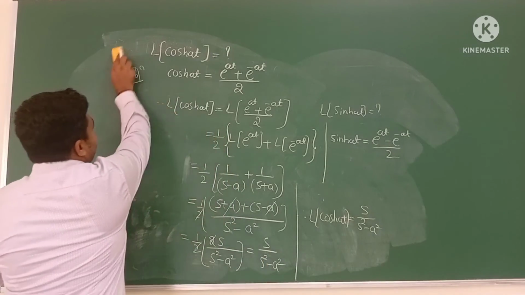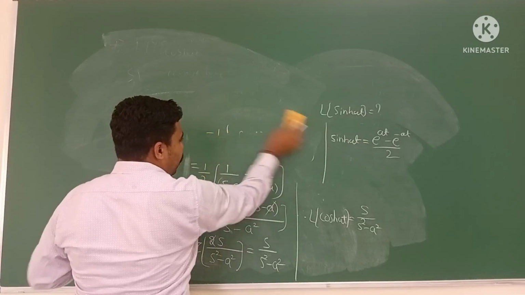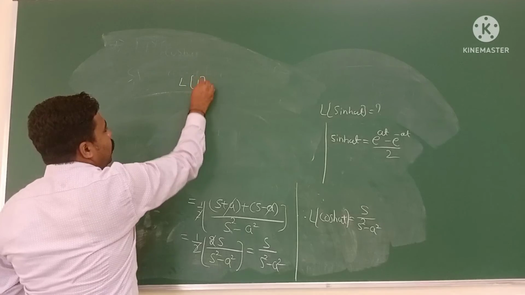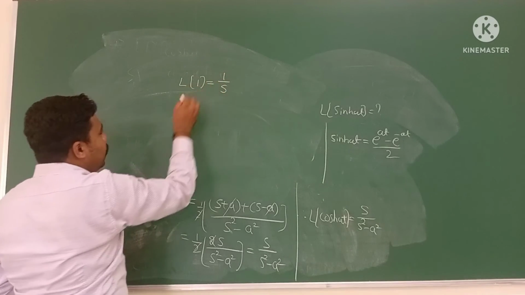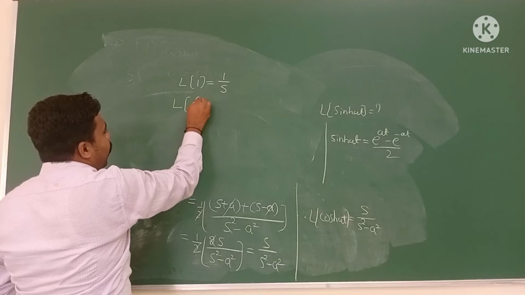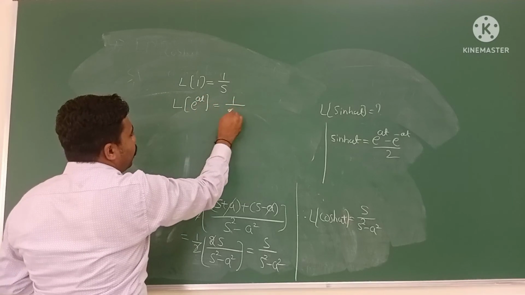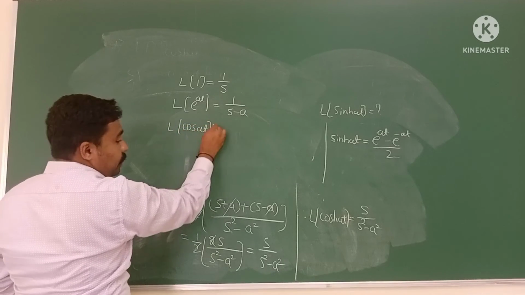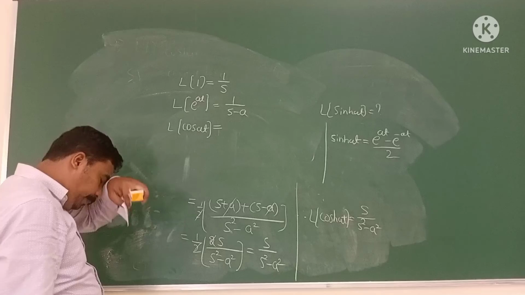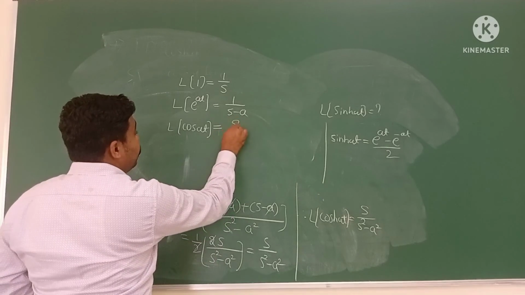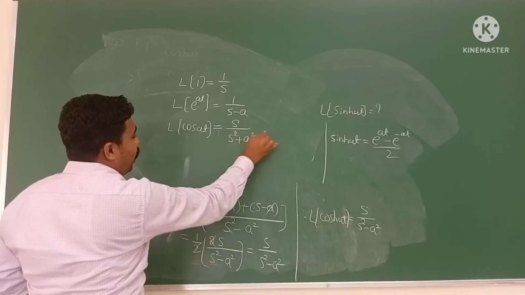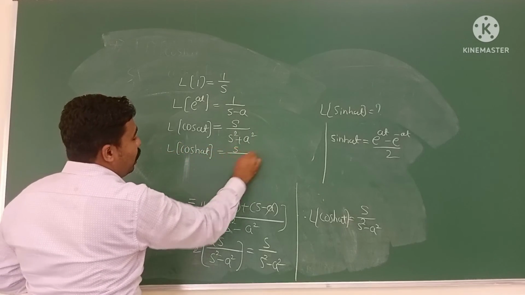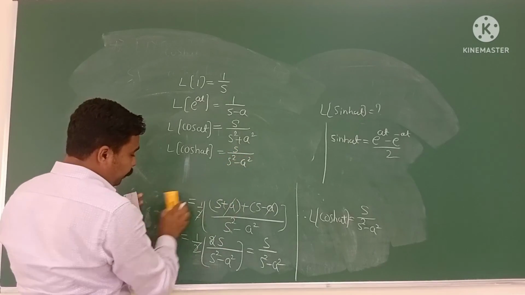See, what are the things we learned from the first video and second video? I'll just quickly revise. That is Laplace of 1. What is Laplace of 1? 1 by s. Then Laplace of e power at, that is 1 by s minus a. Then Laplace of cos at, that is s divided by s square plus a square. Laplace of cos hyperbolic at, that is s divided by s square minus a square.